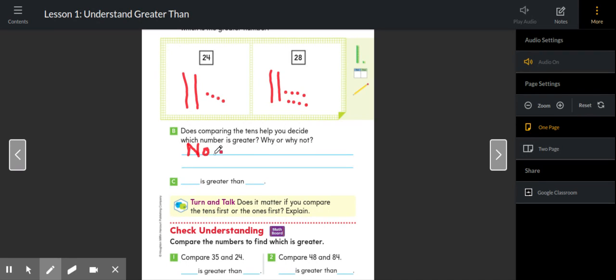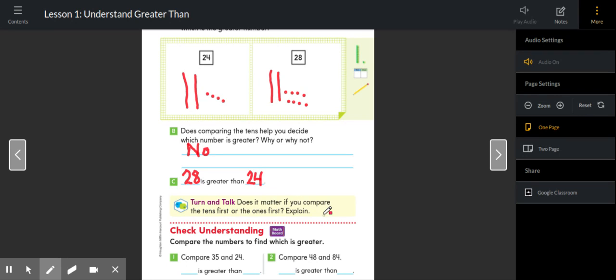That answer is no. And then why or why not? No, they both have 2 tens would be how I would finish that. So we know that 28 is greater than 24, but only because we looked at the ones, because the tens didn't help us this time. They were the same.